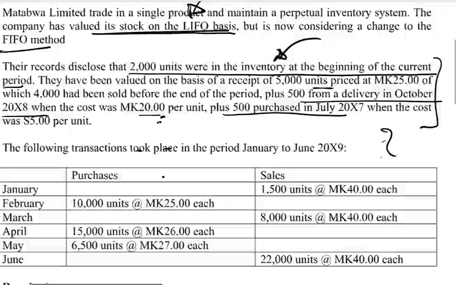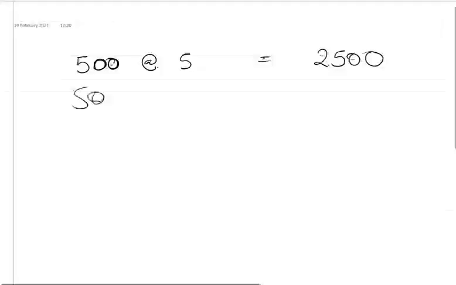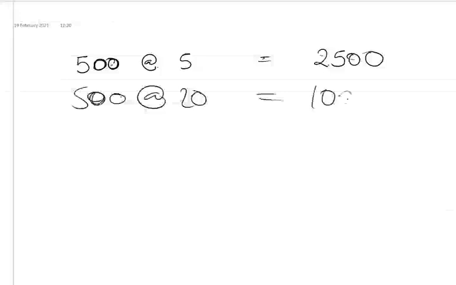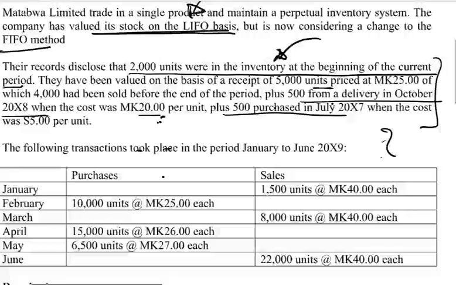Then came the other 500, which was purchased in October at 20 kwacha, which will be 10,000. And lastly is the 5,000, bought at 25.